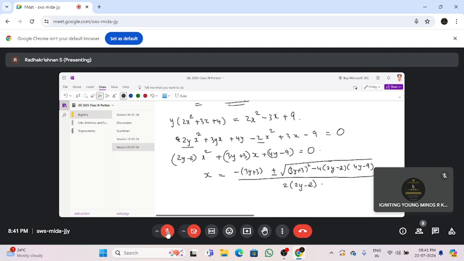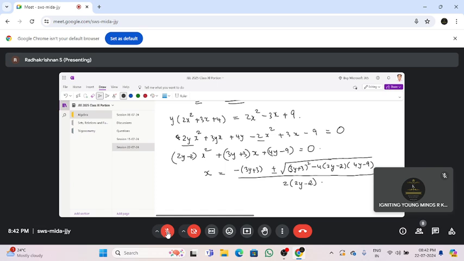For some value of y, because of the plus or minus, you are getting two values of x. So this is not a one-to-one function also.